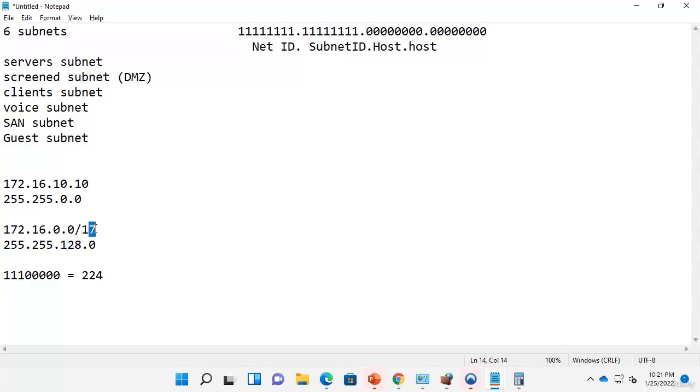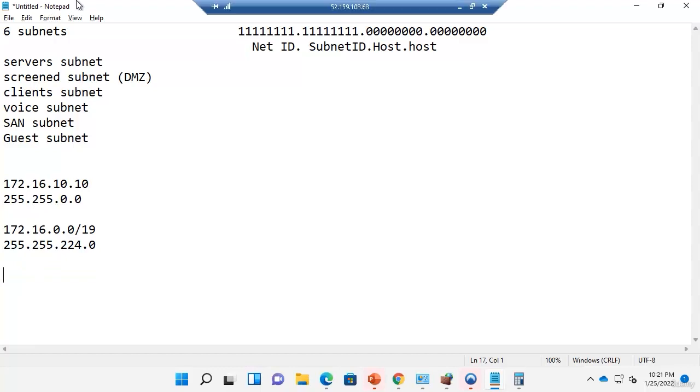So I have to add a second one, which would put this at 192, but that's 2 to the second power, that's 4. That's still not enough. So we've got to go a third bit. That's 224, and that subnet mask would give you 8 possible subnets.